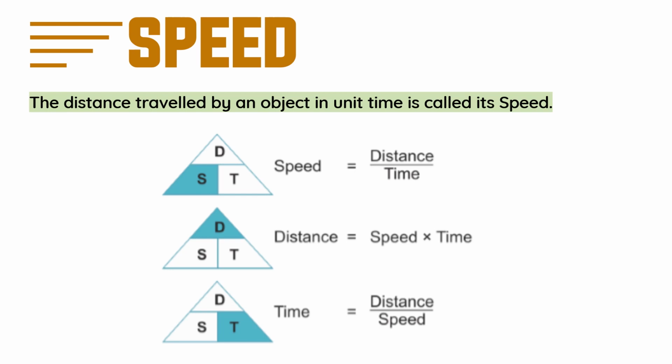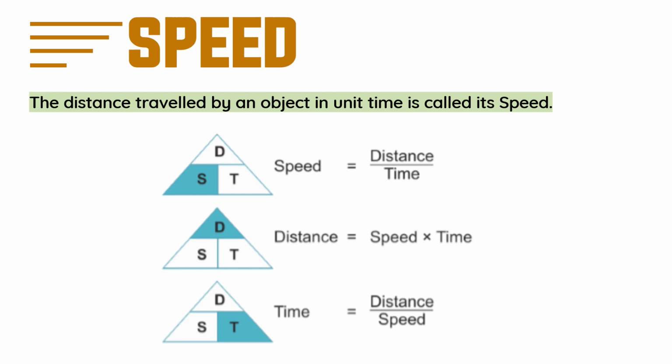So which formula we have to use to find speed? Using this triangle, DST, D is for distance, S is for speed, and T is for time. So speed, we have to calculate like this: distance upon time. Knowing one formula, we can find out the other values also, distance and time.